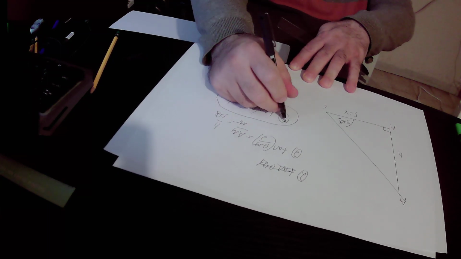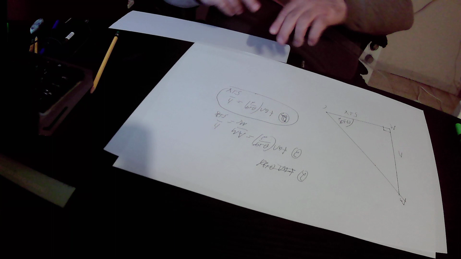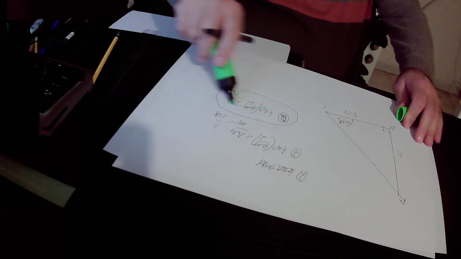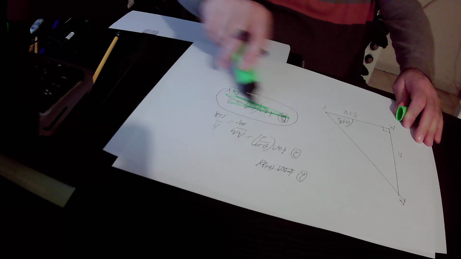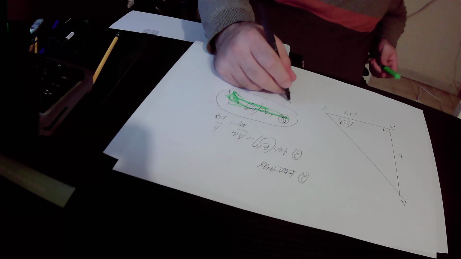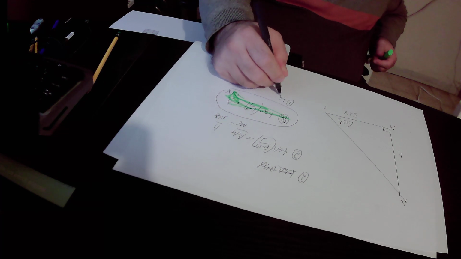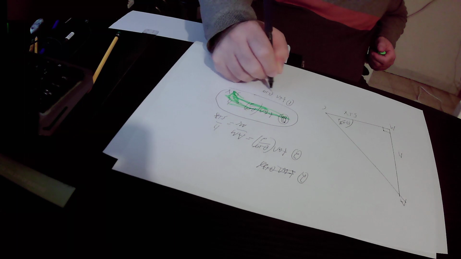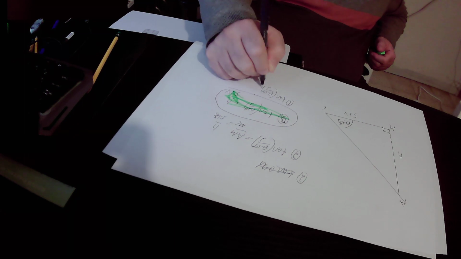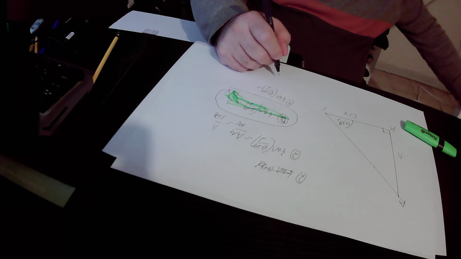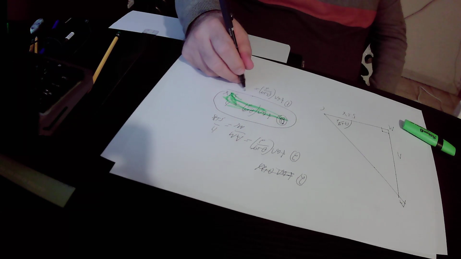This is according to equation number 2. And according to equation number 1, we have already found out that tangent theta plus alpha over 2 is equal to 5 over h.